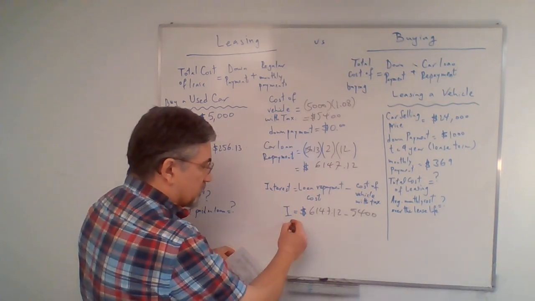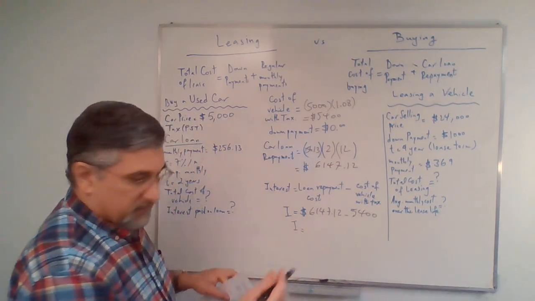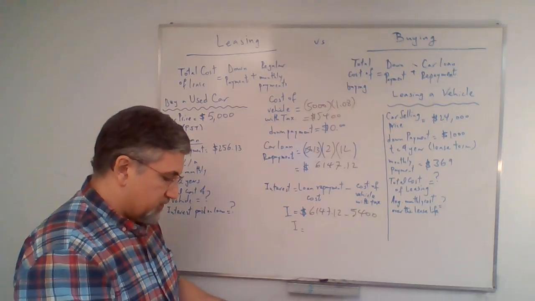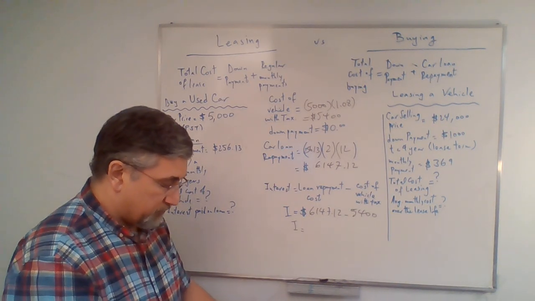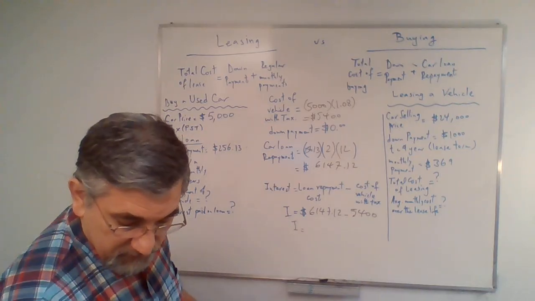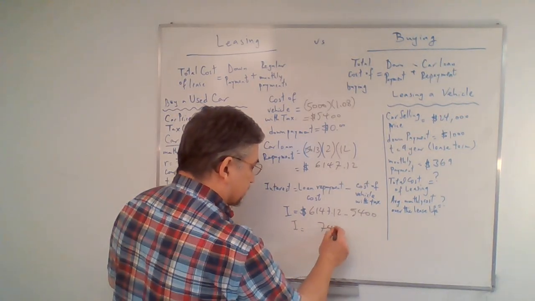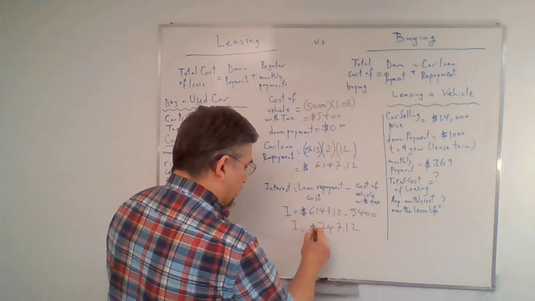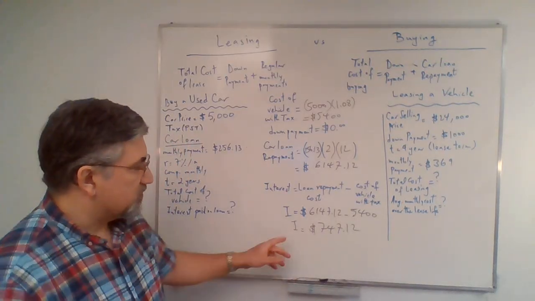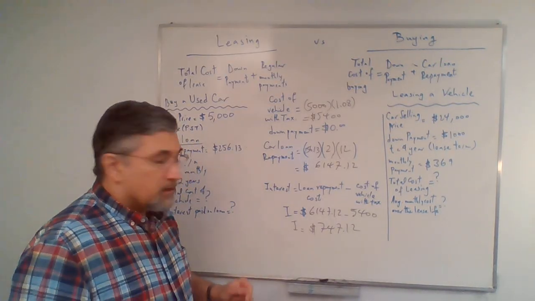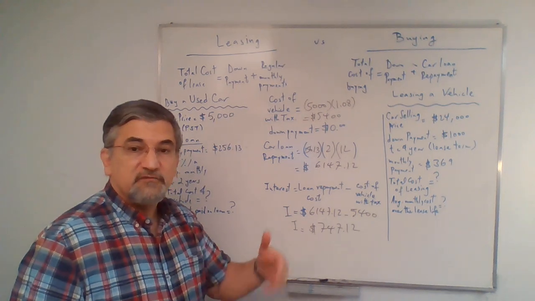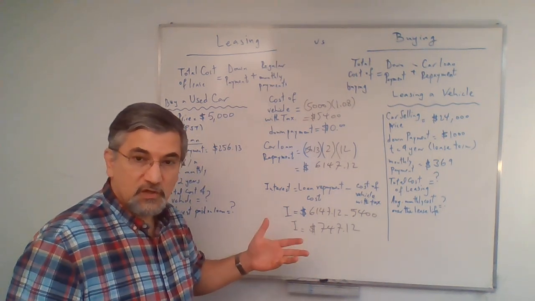So now when you do the calculations, the difference would be, if you subtract 5,400, it would give you $747.12. So this is basically the extra amount you paid to the bank because you asked the bank to pay for you, okay, 2 years ago.